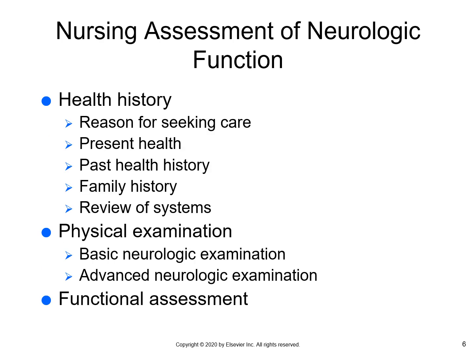Nursing assessment of neurologic function. We did talk about those assessments with the cranial nerves, the neurologic flow sheet, and the muscle strength, and we even talked about the assessment techniques for the major muscle groups. But first of all, of course, you're going to check the health history of the patient and the reason why they're seeking the care. Are they here because they had an accident? Are they here because they feel like their memory is getting bad, or there's something wrong with the coordination of their movement?